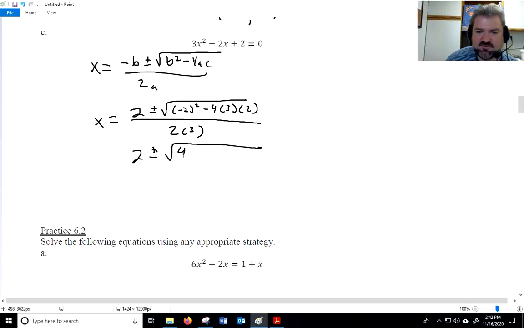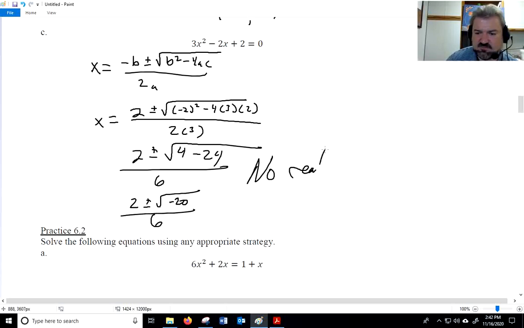Okay, that's 4 minus, looks like 24, all over 6. But that's going to give me a negative number in the radical, and that's not okay. That's no real roots, no real solutions.